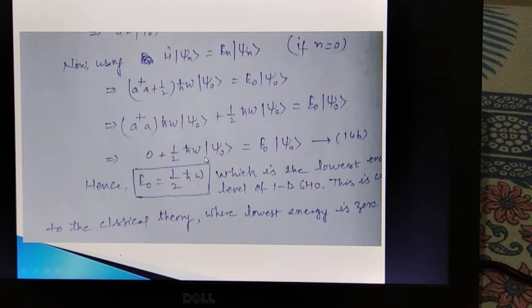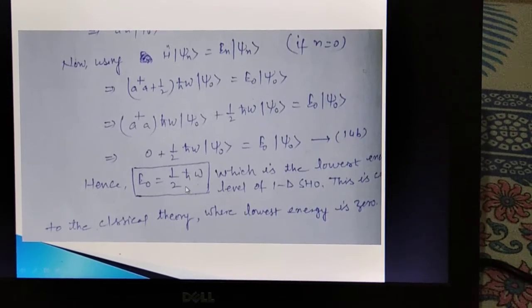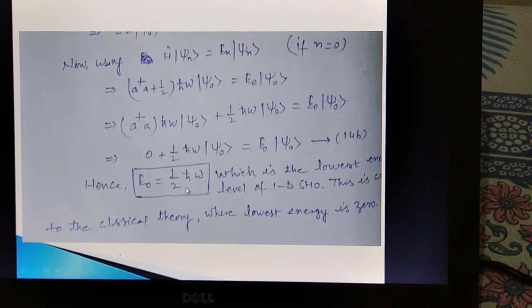So 1 by 2 h cross omega psi 0 equal to E0 psi 0, and hence E0 equal to 1 by 2 h cross omega. This is the lowest energy of the one dimensional simple harmonic oscillator, or you can say this is the energy of the vacuum state for the simple harmonic oscillator.